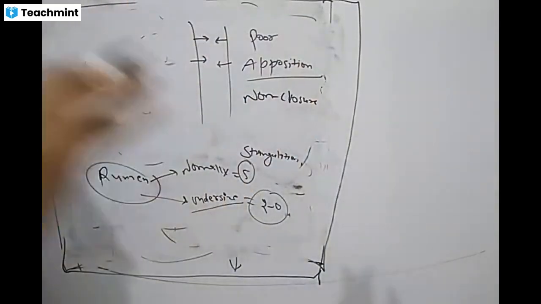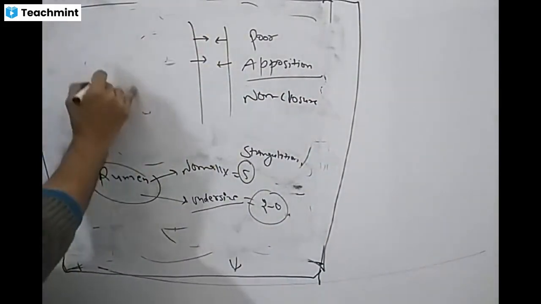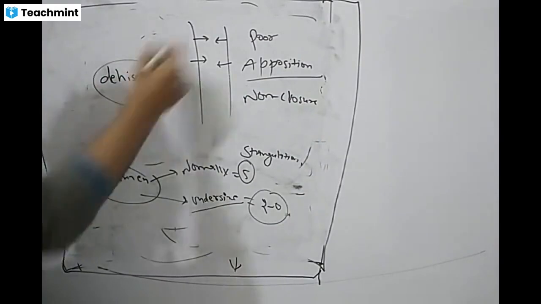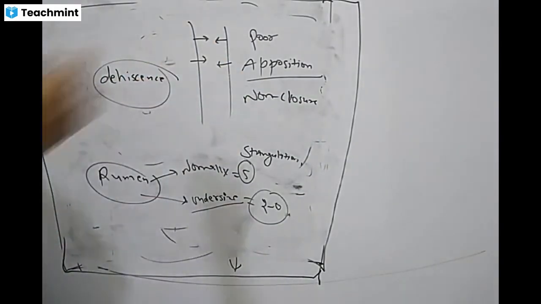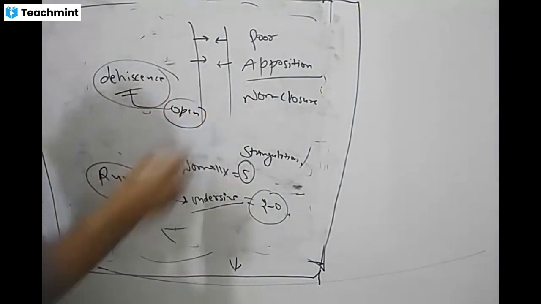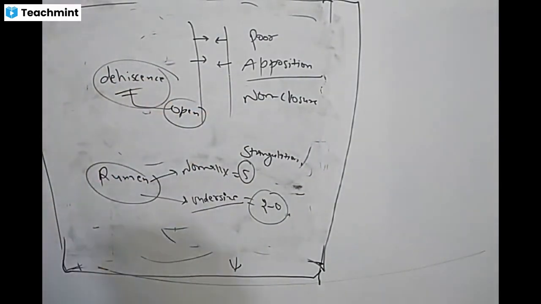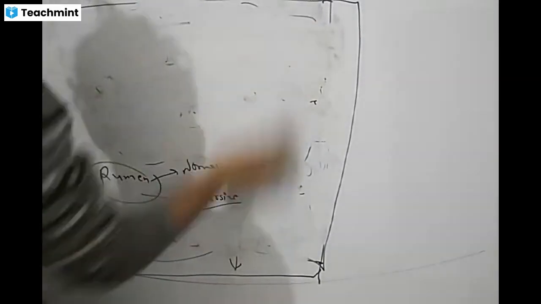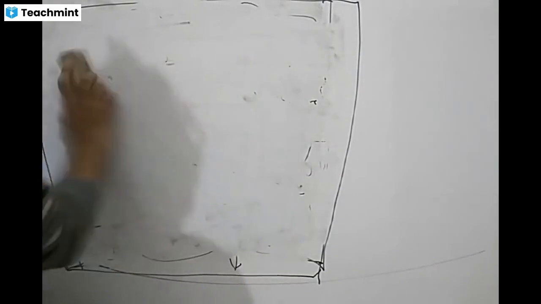And if by chance you close this rumen, then what will happen? There may be dehiscence of the suture material, dehiscence of this wound. It will open. So there are many complications if you do not match the size of your suture material with the tissue.